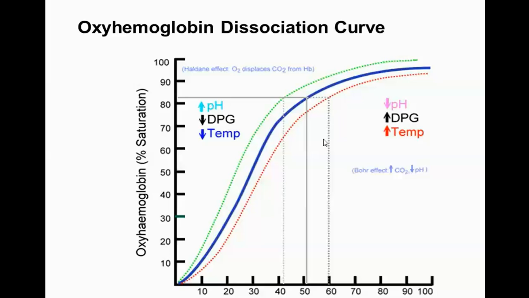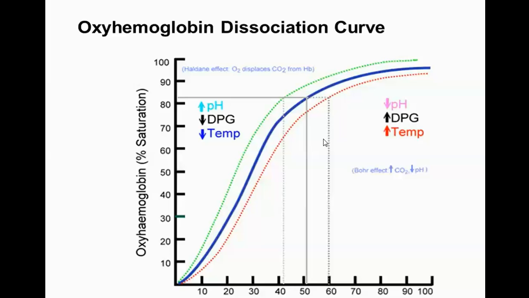Why? When shifted to the left, at the same hemoglobin saturation, how much can he unload to the tissues? It's 40, okay? Because his affinity to oxygen is higher. And here, he can unload to the tissues at 60, okay?